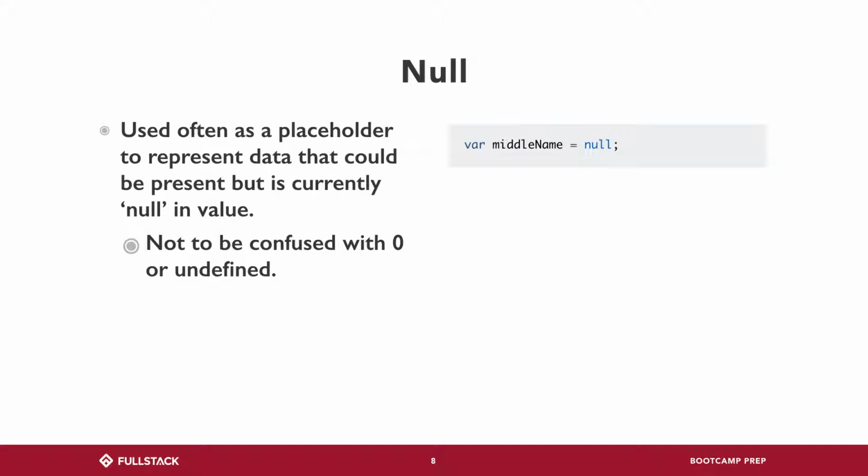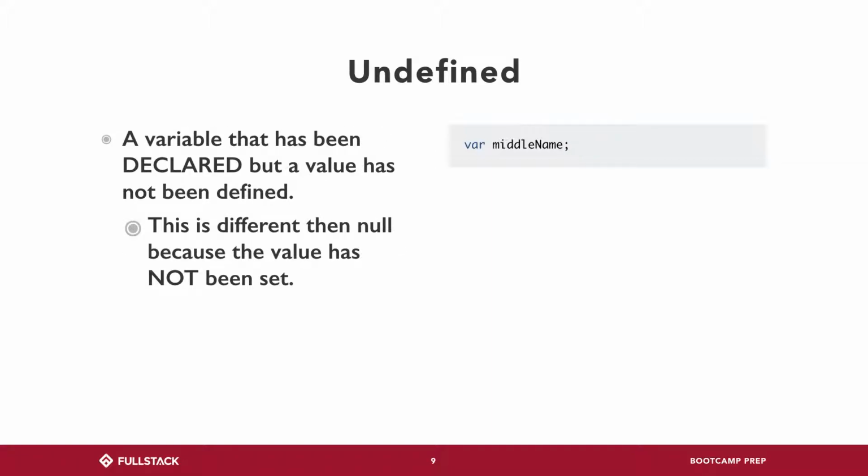And I'll lump this in with undefined, which to most humans, they both mean that there's no value. The difference is if I just do something like var middle name and I never give it a value, what this tells JavaScript is, I've tried to declare a variable, but I haven't given it a value yet. Therefore, it's undefined. I've acknowledged this variable exists, I haven't given it a value yet, so it's undefined.